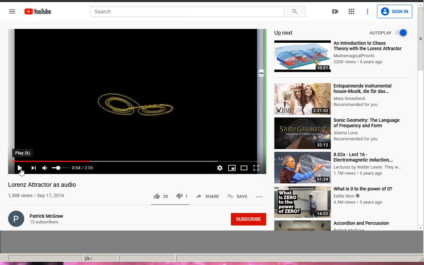So when you think about the three waveforms that were shown earlier, there's the x over t, y over t.